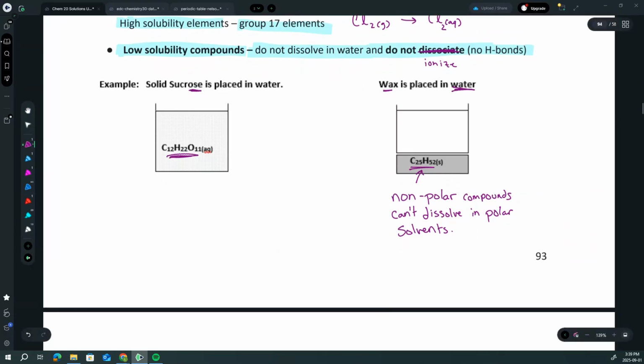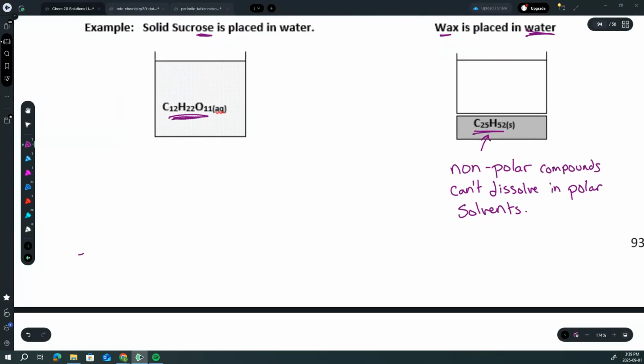One last thing I'm going to add down below here, just because some of this information can get overwhelming. I've already said this before, the only type of molecular compound that we're going to show that ionizes is going to be strong acids.